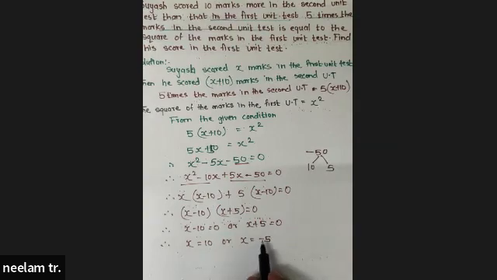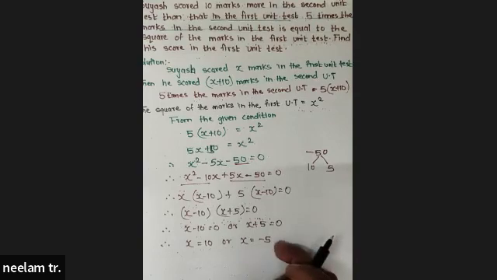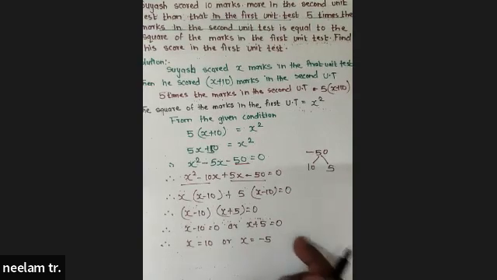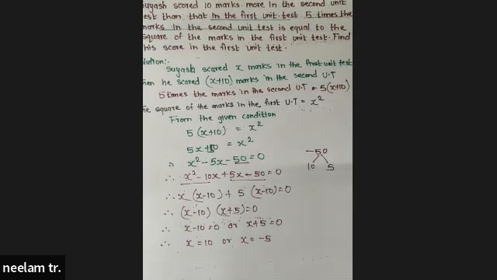x is equal to minus 5. Marks can never be negative. Have you ever got minus 4, minus 5, minus 10, minus 50 marks in your exam? No, na? So this is unacceptable. You never get negative marks in your exam. So x is equal to 10.